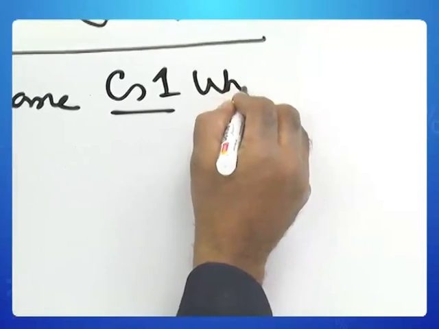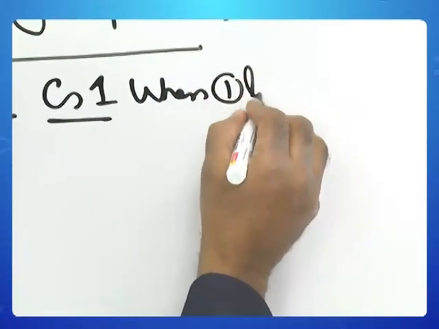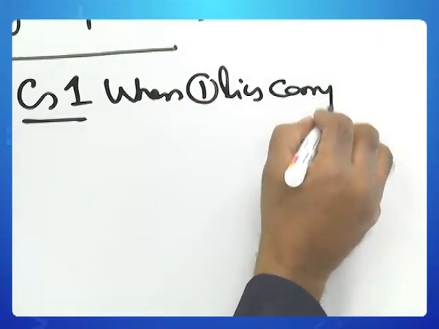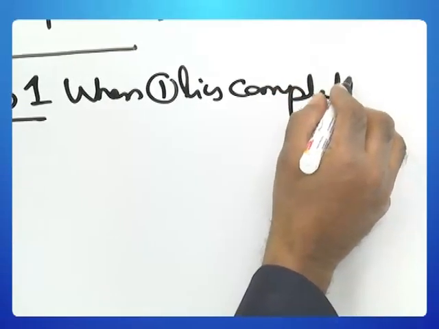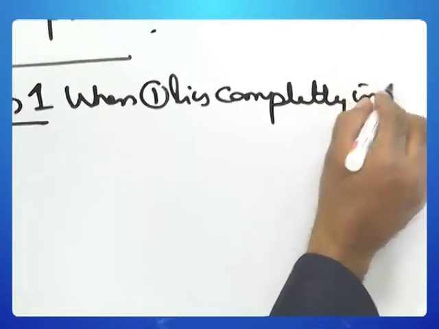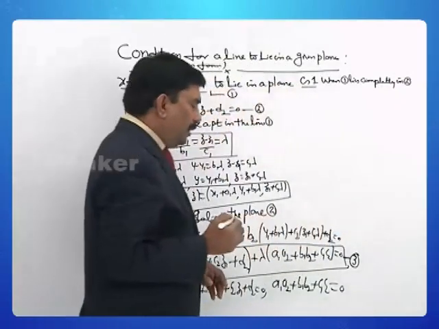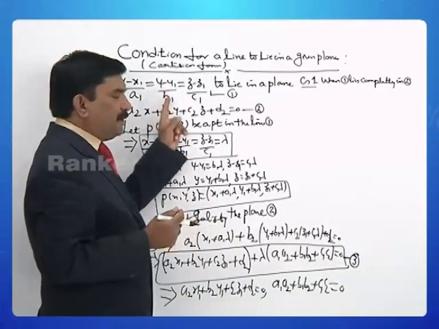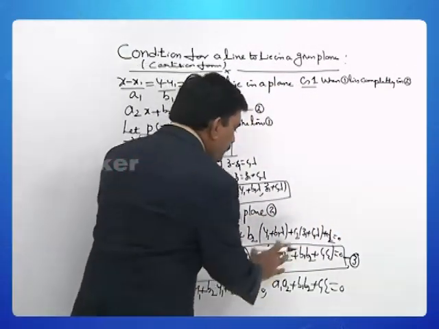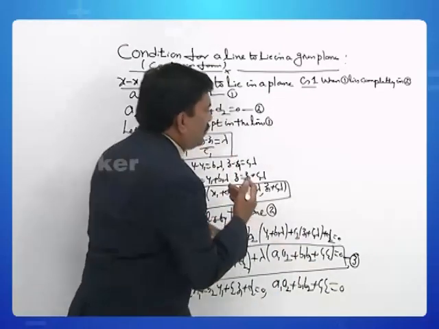when line 1 lies completely in plane 2, every point on the line must satisfy the plane. So therefore it must be an identity. I can write the same conditions.